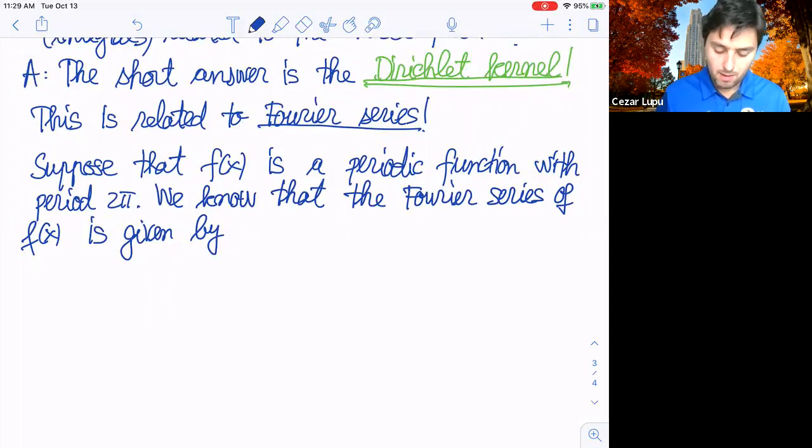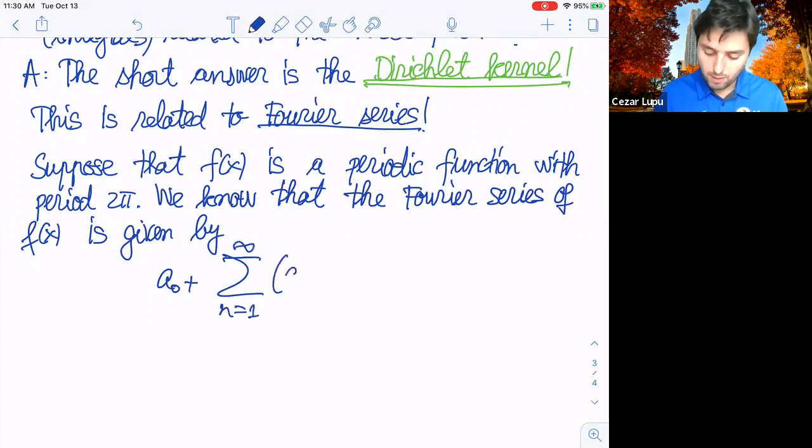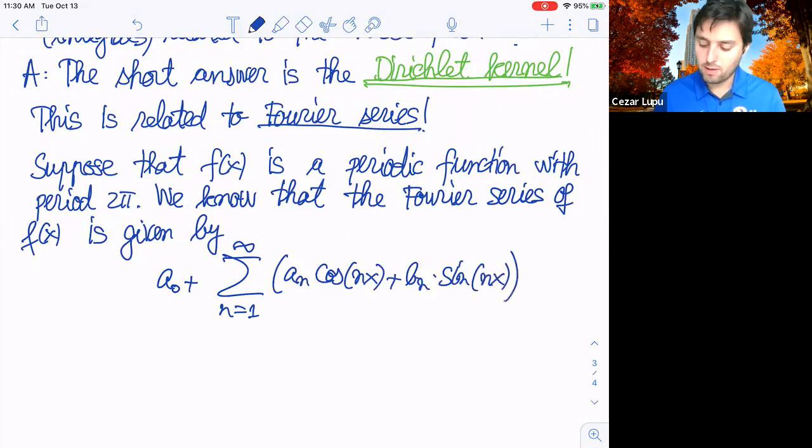It's going to be a0 plus the sum of an cosine of nx plus bn times sine of nx. This is how we can write the Fourier series of a function.